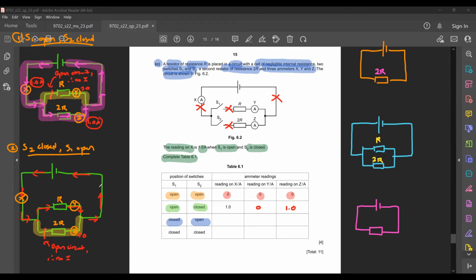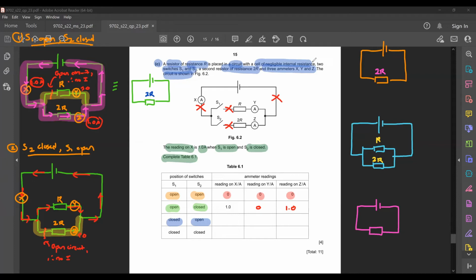Now, to be able to find out what the current is, it will be easier to see if we were to simplify both these circuits that we've drawn. For the first diagram, we can simplify it to become something like this, where you only have a single cell and a single resistor whose resistance is 2R.